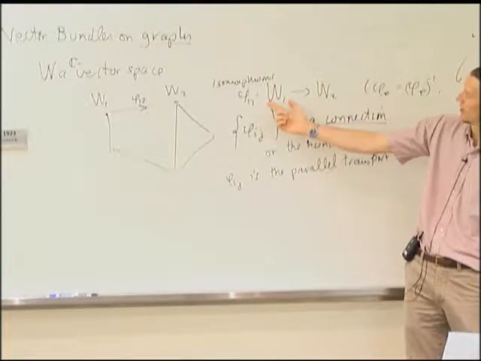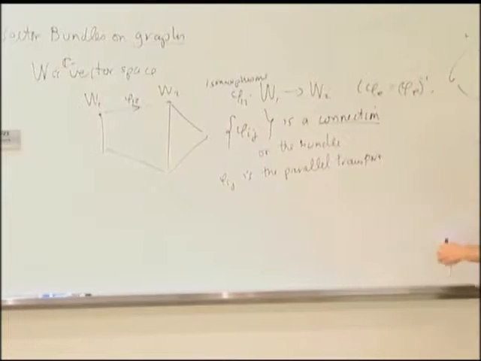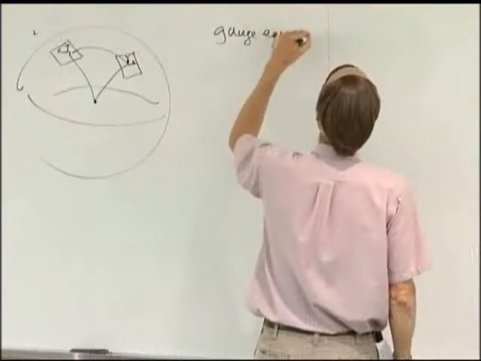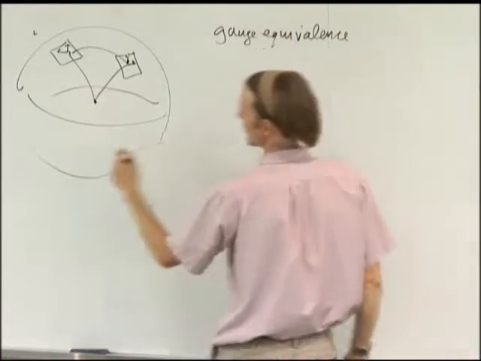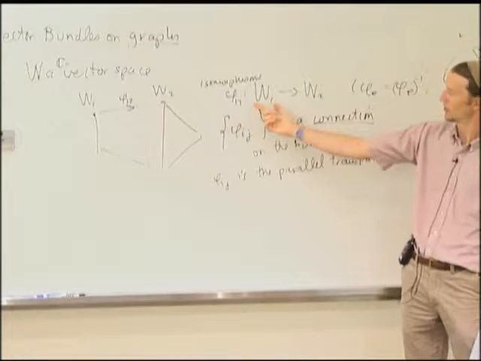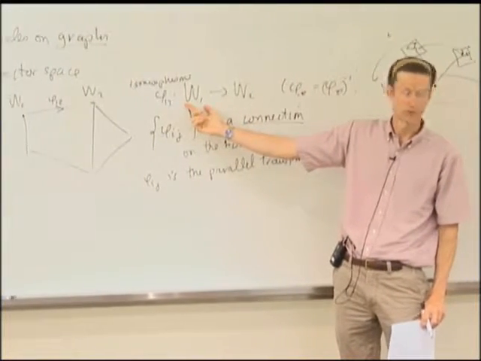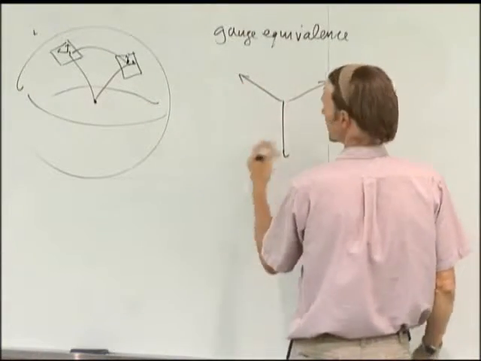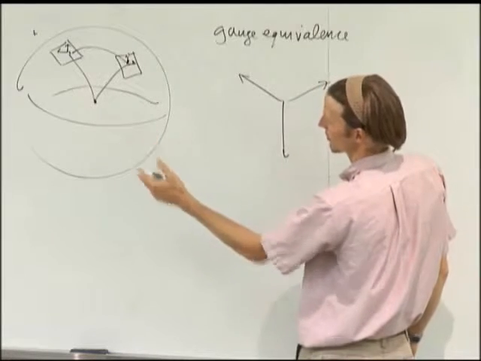Well, of course, just like in this previous setting, there's a notion of gauge equivalence, which is essentially just a base change. If we think of having a particular basis for every vector space so that we represent these things as matrices, then doing a base change in one of the vector spaces will correspond to pre or post multiplication of the parallel transports by some matrix.